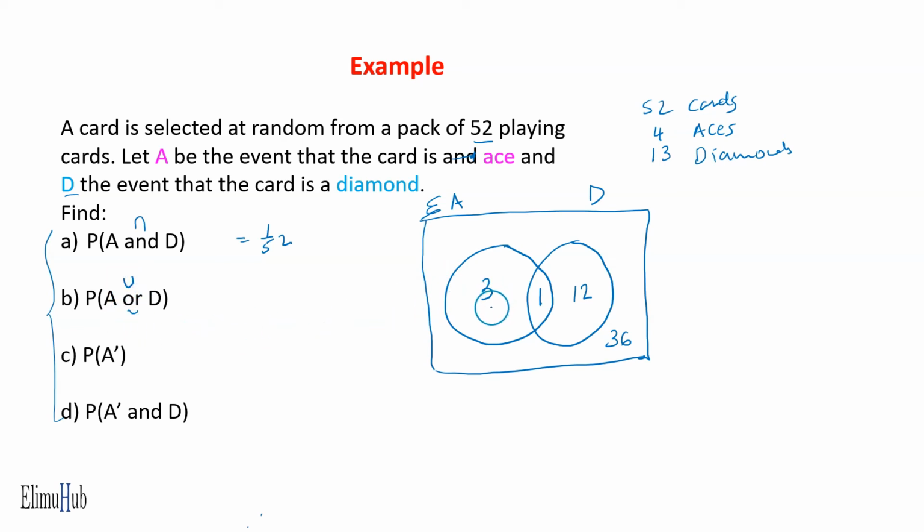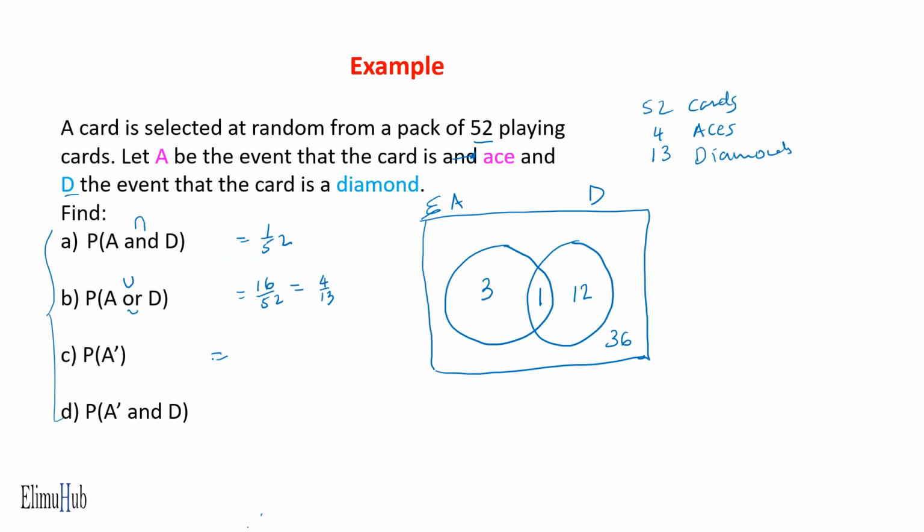So that means it could be an ace or a diamond. So everything inside the circles. So 3 plus 1, 4, plus 12 is 16. So that is 16 out of 52. You can simplify that and get 4 out of 13.